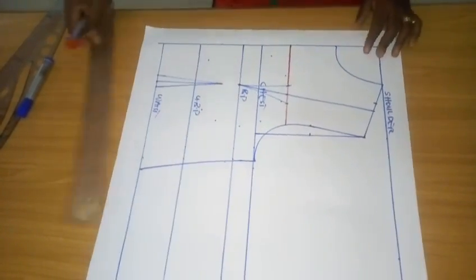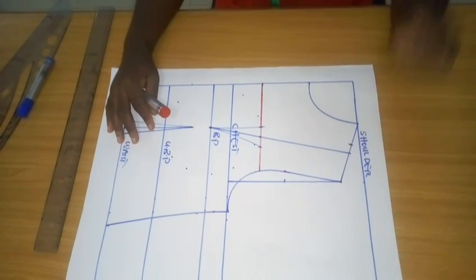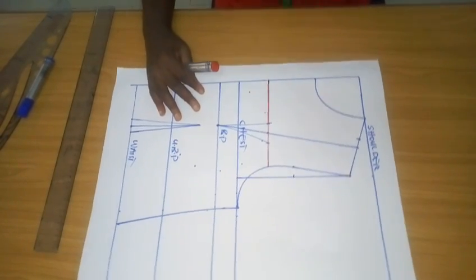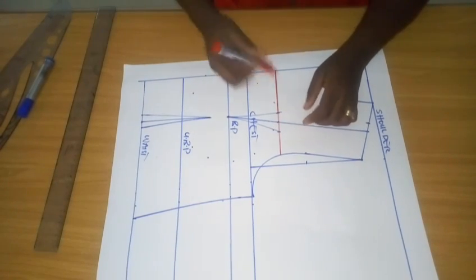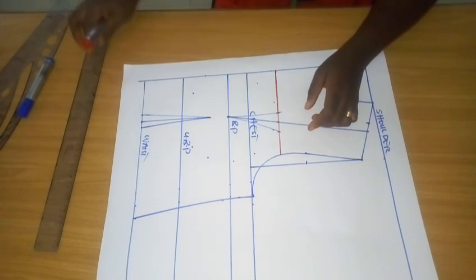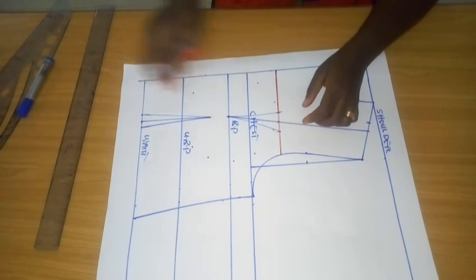All right, so the next thing we want to do before we connect to the 3 inches neckline is this. We are going to replace what we took off on this upper bust neckline. Okay, the upper bust is 0.75, 0.75.